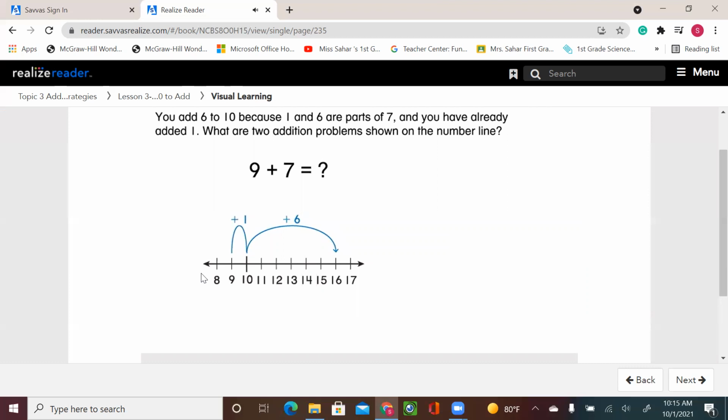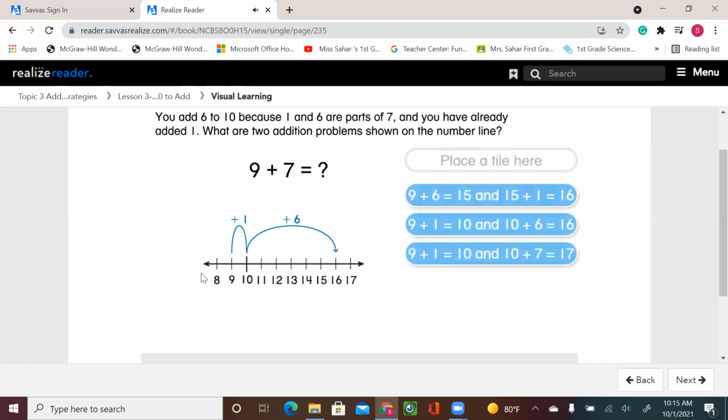What are two addition problems shown on the number line? Select your answer. So is it 9 plus 6 equals 15 and 15 plus 1 equals 16? Or 9 plus 1 equals 10 and 10 plus 6 equals 16?